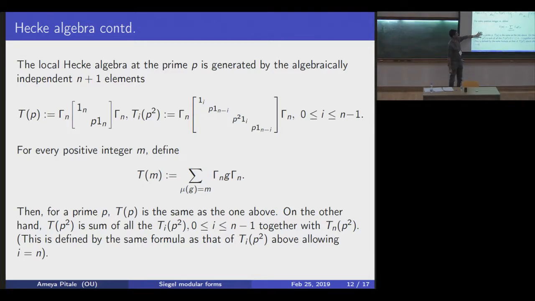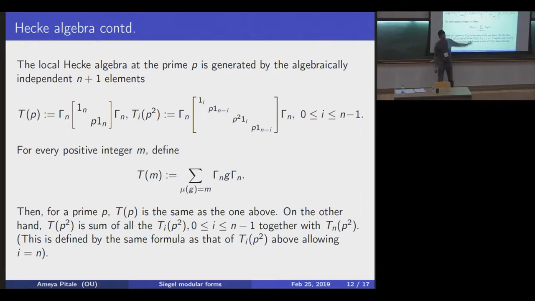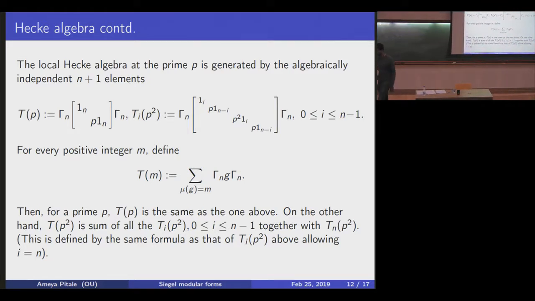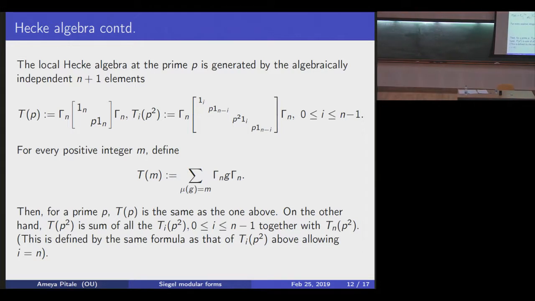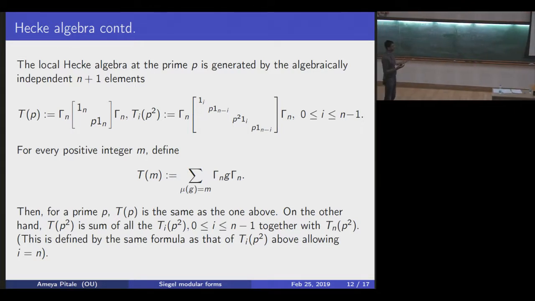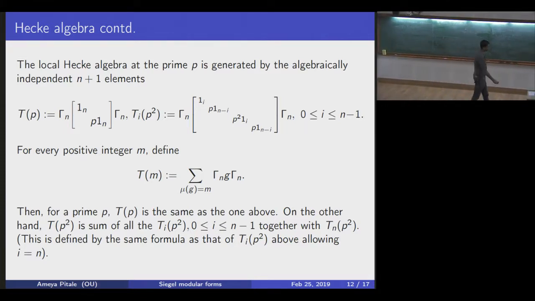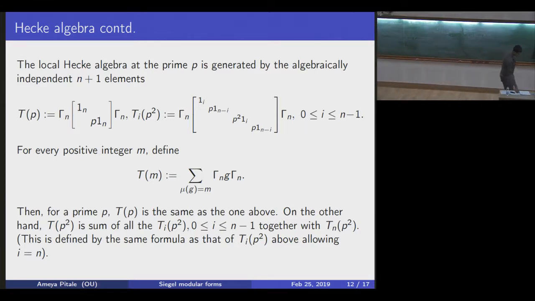If m is equal to p squared, then you take all of these and you additionally take the identity matrix and p squared times the identity matrix. So you can write down what these Tm's are. These Hecke algebras act very naturally on modular forms, and the action is given by the following very nice formula.